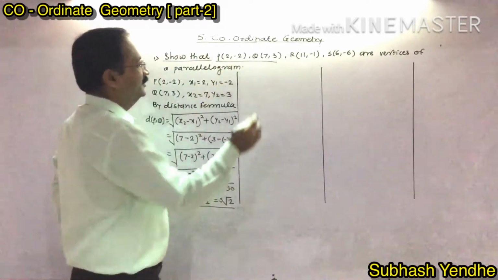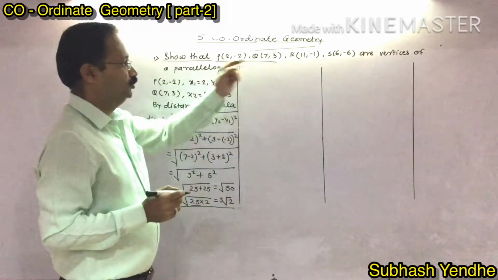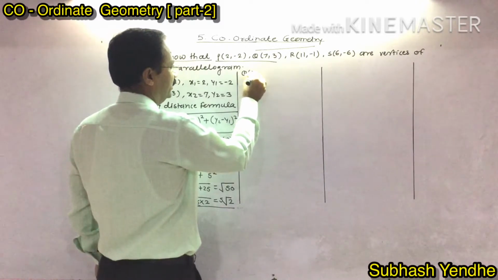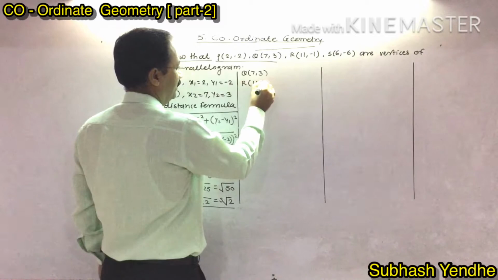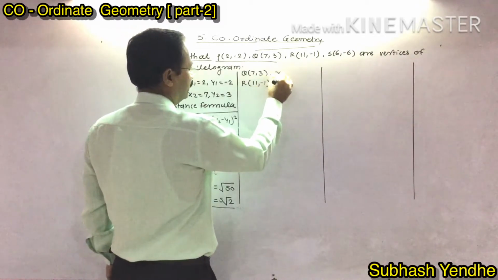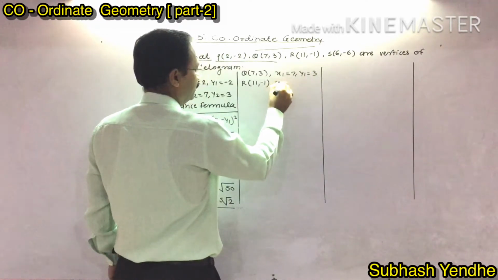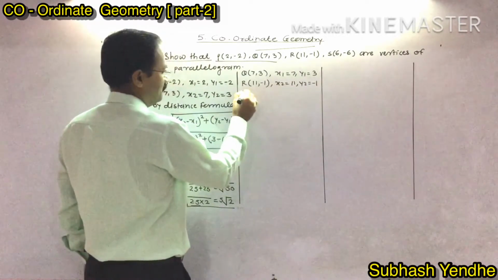Now let's start with the second distance, which is QR. Again here you have to write Q's coordinates are 7 and 3. R's coordinates are 11 and minus 1. So x1 equals 7, y1 equals 3, x2 equals 11, y2 equals minus 1.